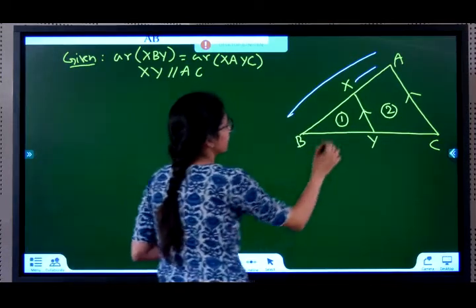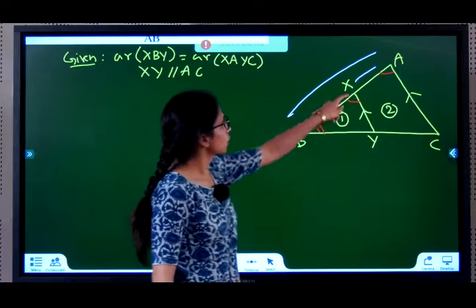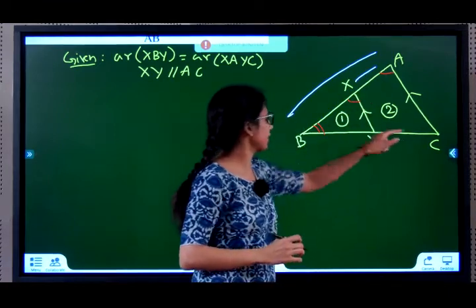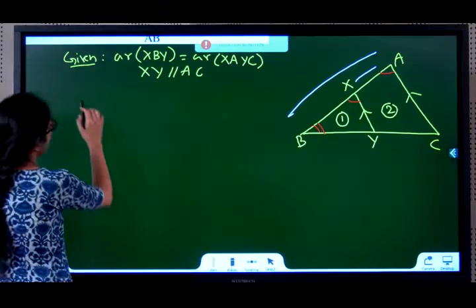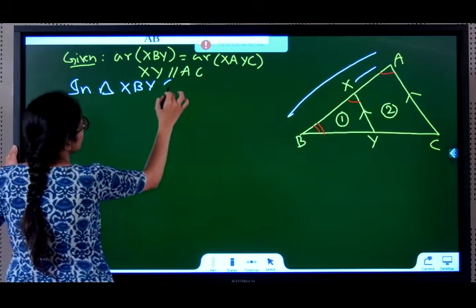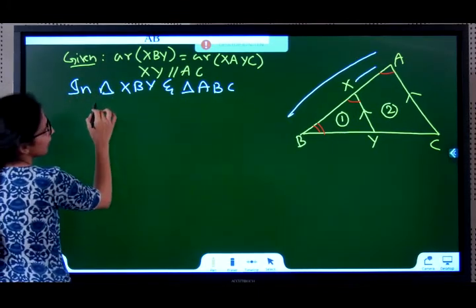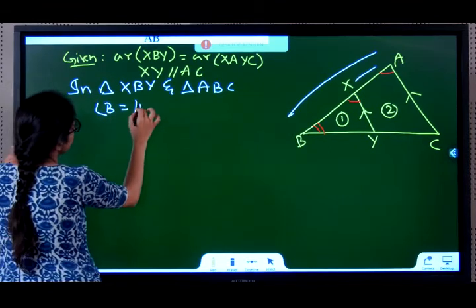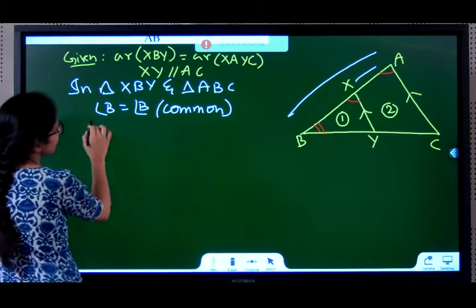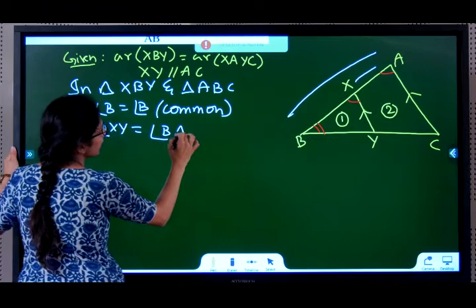Because XY is parallel to AC, I can say this angle is equal to this angle and this is the common angle. So XBY is similar to ABC. Agreed? So in triangle XBY and triangle ABC, angle B equals angle B, common, and next angle BXY is equal to angle BAC.